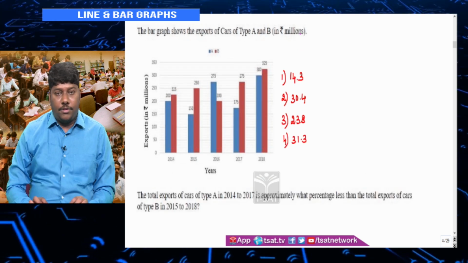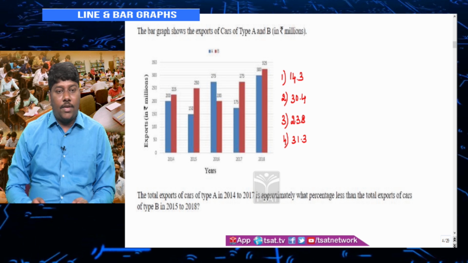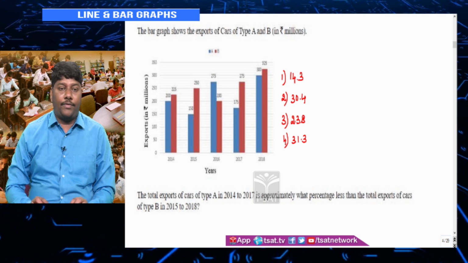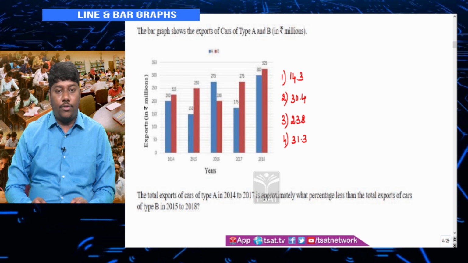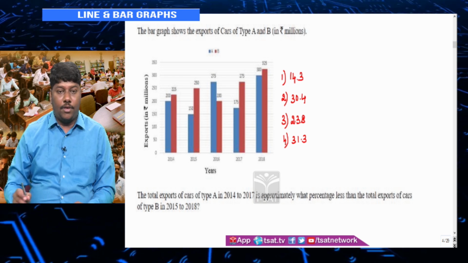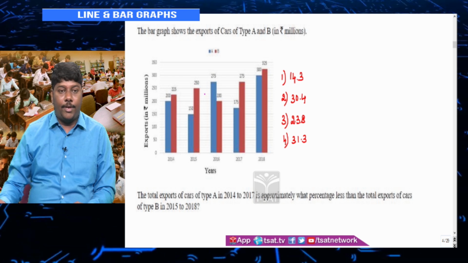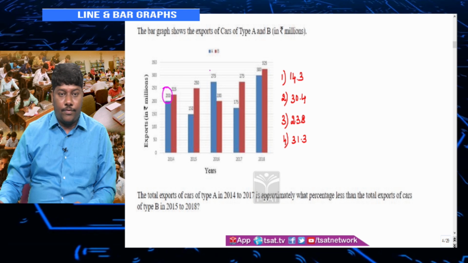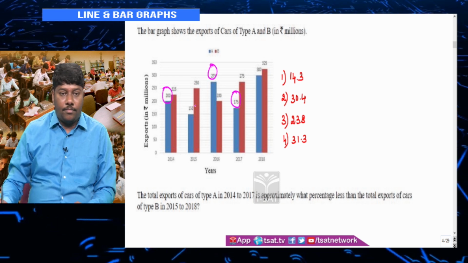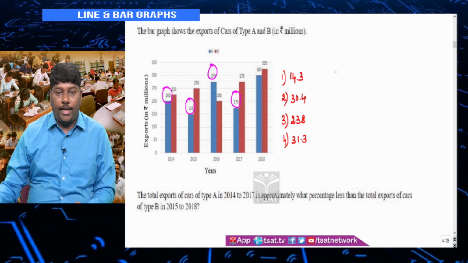The bar graph shows again the same graph. He is asking you the total exports of cars of type A from 2014 to 2017. From 2014 to 2017, type A, we know it is 200. We know this is 450, 600 plus 200, 800.